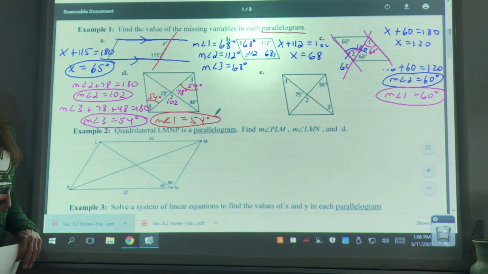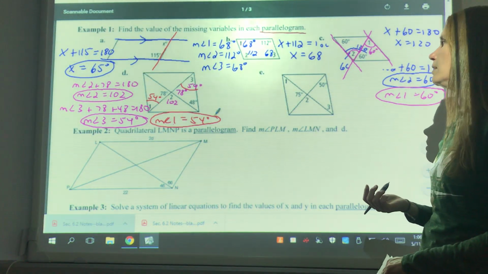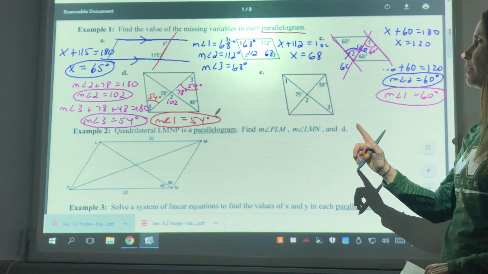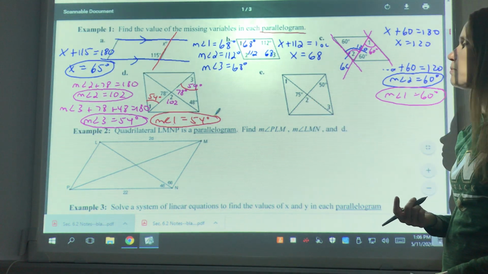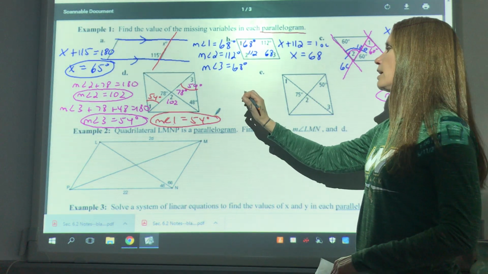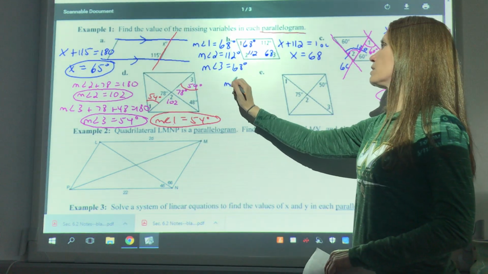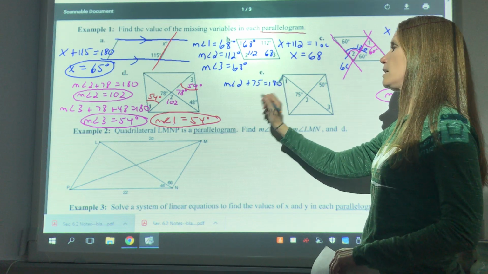Okay, all right, and then one more in example 1. And this one is similar to the one that we just did. Again, you might think of a different way to start than I did, but the first thing I see is a linear pair here. So same as we started last time, let's switch colors, I can use the fact that measure of angle 2 plus 75 must equal 180.